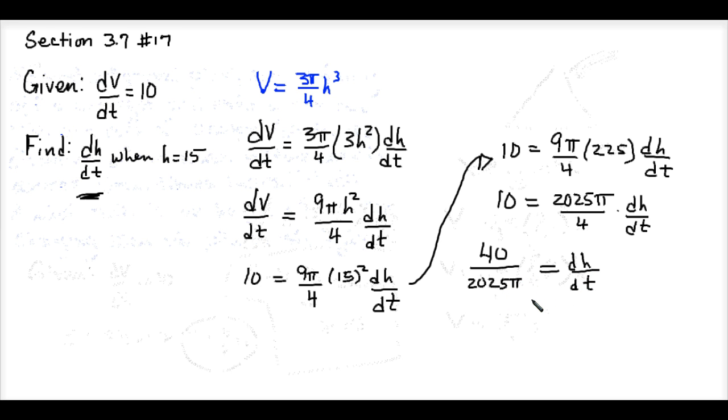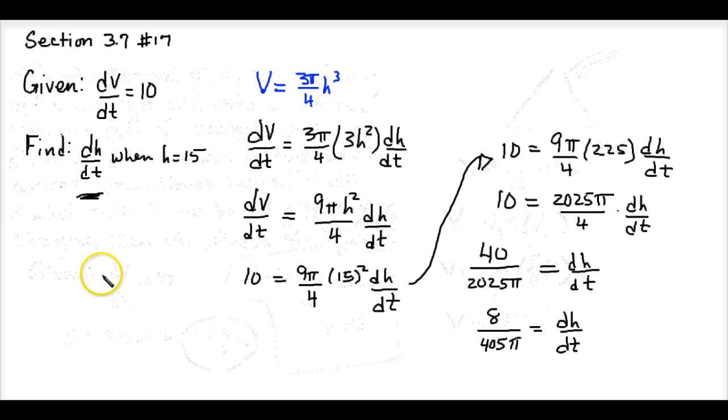And we're going to simplify the left side. 5 goes into 40 8 times. 5 goes into 2025 405 times. So dh over dt is equal to 8 over 405 pi.